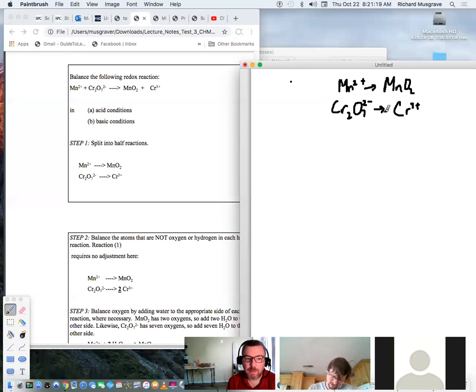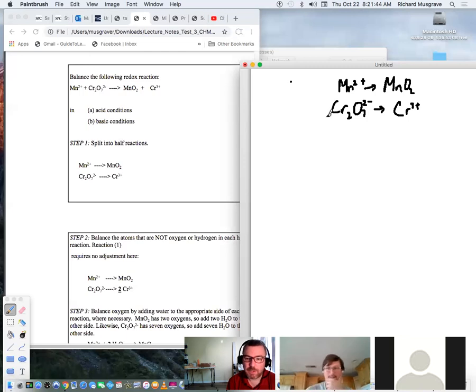Okay, step one, we have sorted this out into half reactions. Does anybody have any questions so far about putting in half reactions? The next thing we want to do is balance anything that isn't hydrogen or oxygen. That means we're balancing the things that are actually being oxidized or reduced, which in this case is the manganese and the chromium.